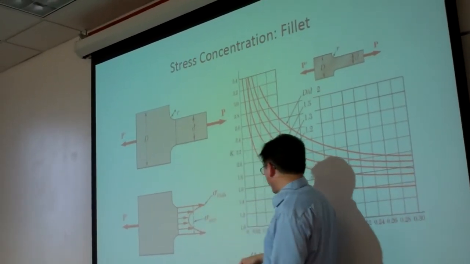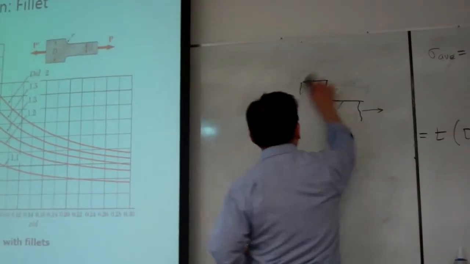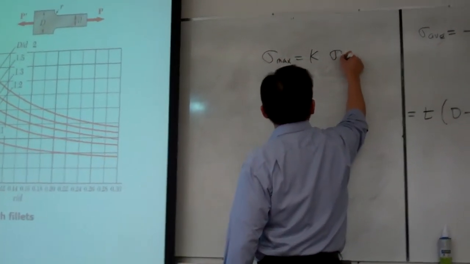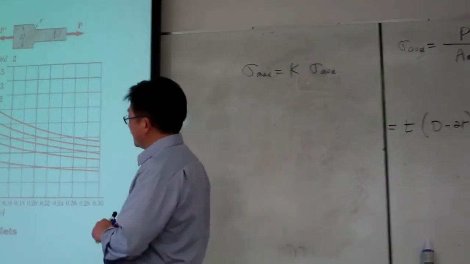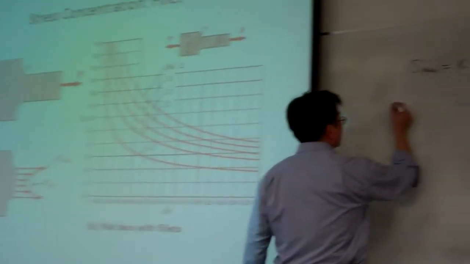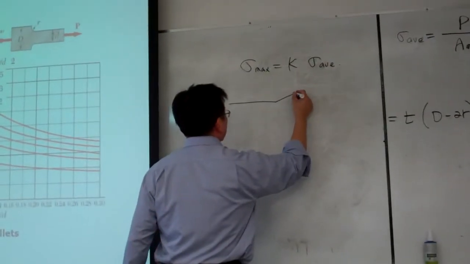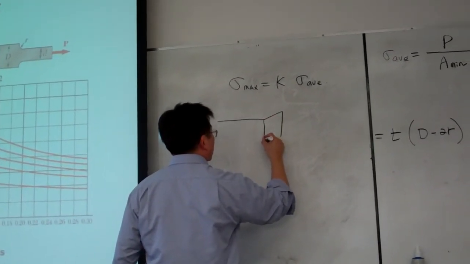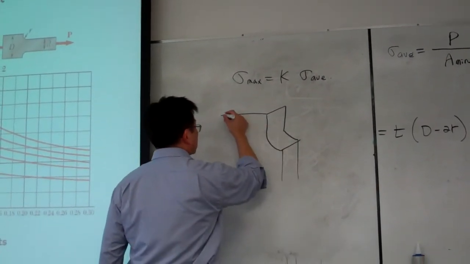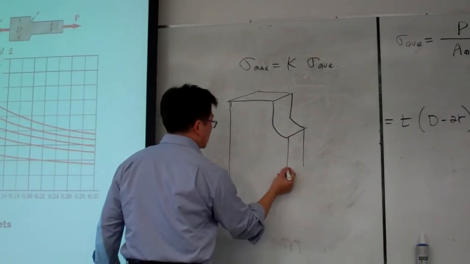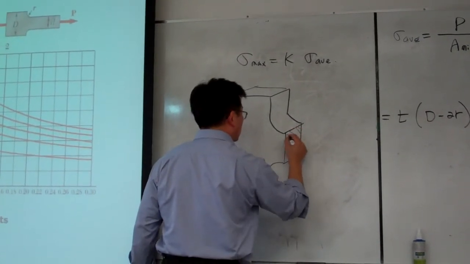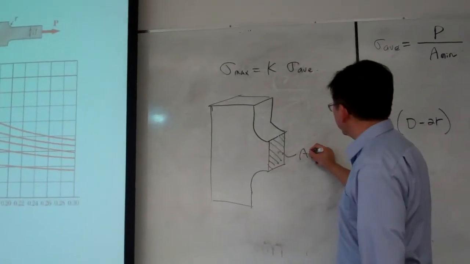And again, we have similar formulas. The maximum for this case, again, equal to K times the average. Again, what is the average? The average is the force divided by this area. Let me put it into 3D. Okay, that is the area.